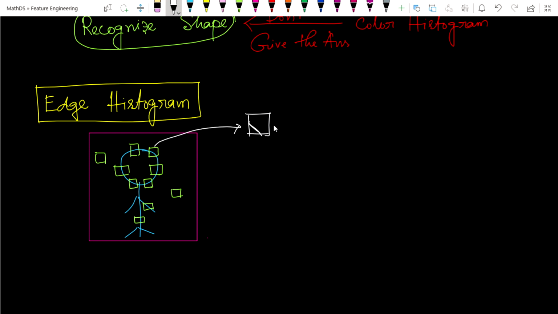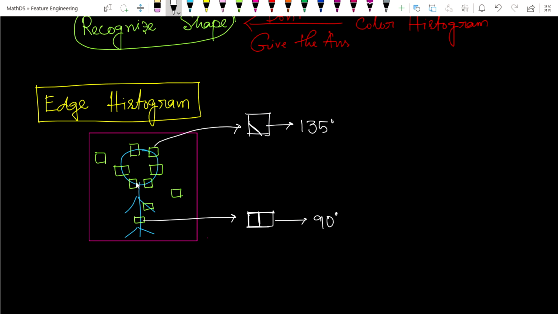What is the angle of this shape? This one is 135 degrees. If you take this shape, it is straight and the angle is 90 degrees.